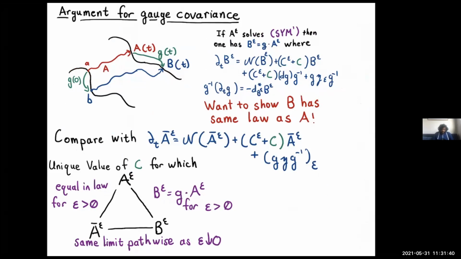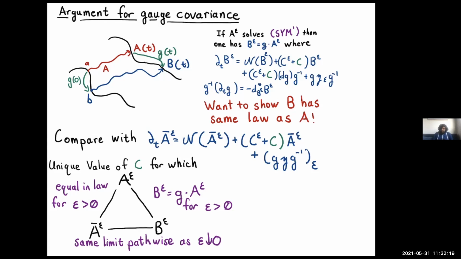The first thing is our argument: we show that this equation and this equation have the same limiting solution theory. So the solution maps to this one and this one are the same pathwise as epsilon goes to 0. That introduces some constraints on these renormalizations. The other thing we need is for A bar to be renormalized like this, because we want these to be equal in law before we send epsilon to 0.